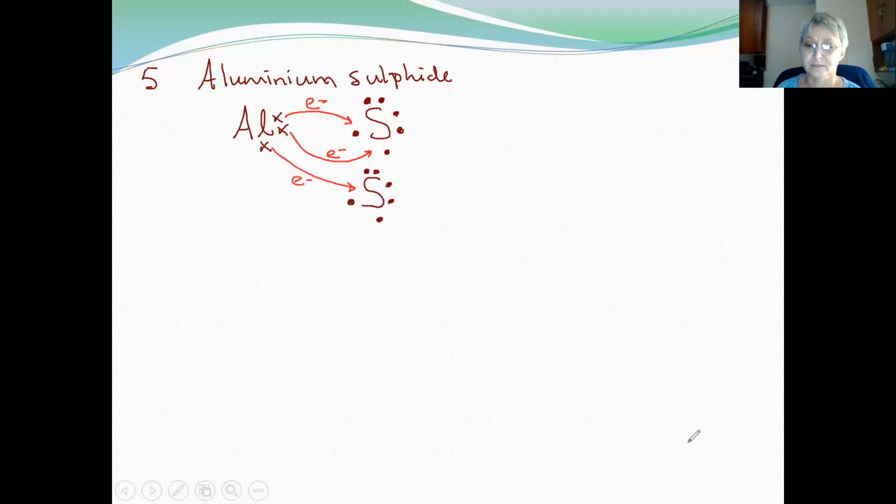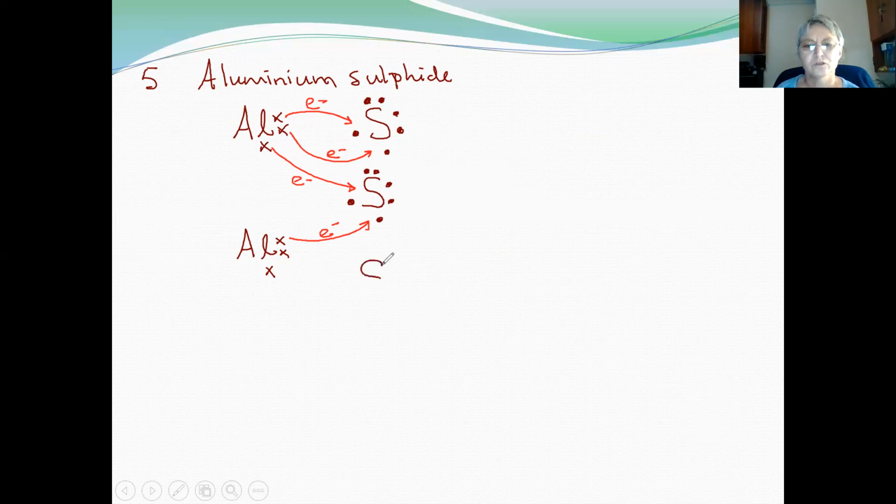But the sulfur atom isn't happy with 1 electron. It requires another electron. So it calls another aluminium atom closer, which then gives one of its electrons to the sulfur atom.